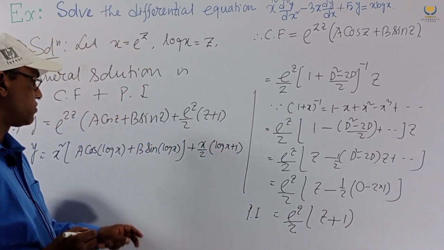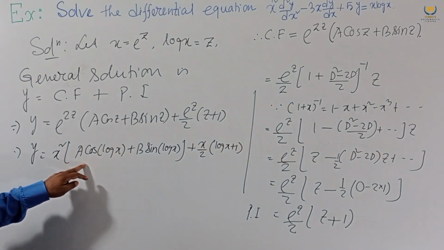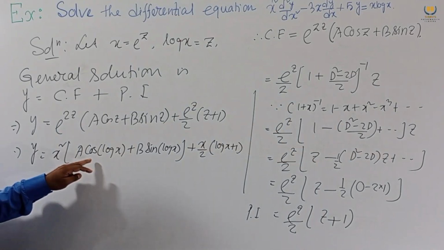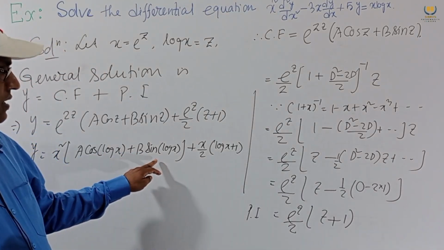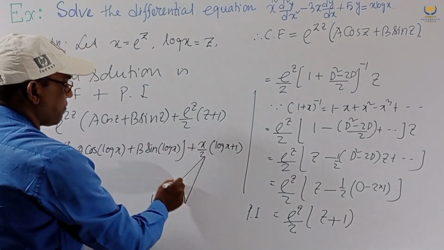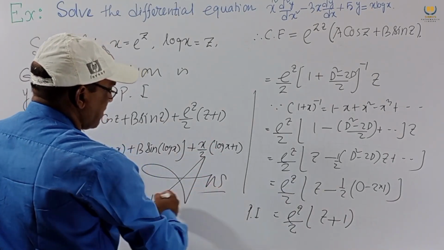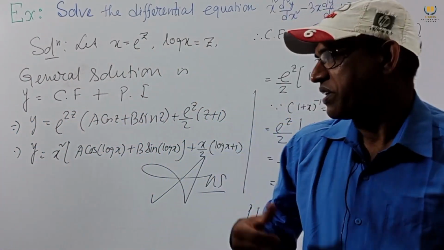So we get x squared, a cos of log x plus b sin of log x, plus x by 2 (log x plus 1), and this is our final answer.